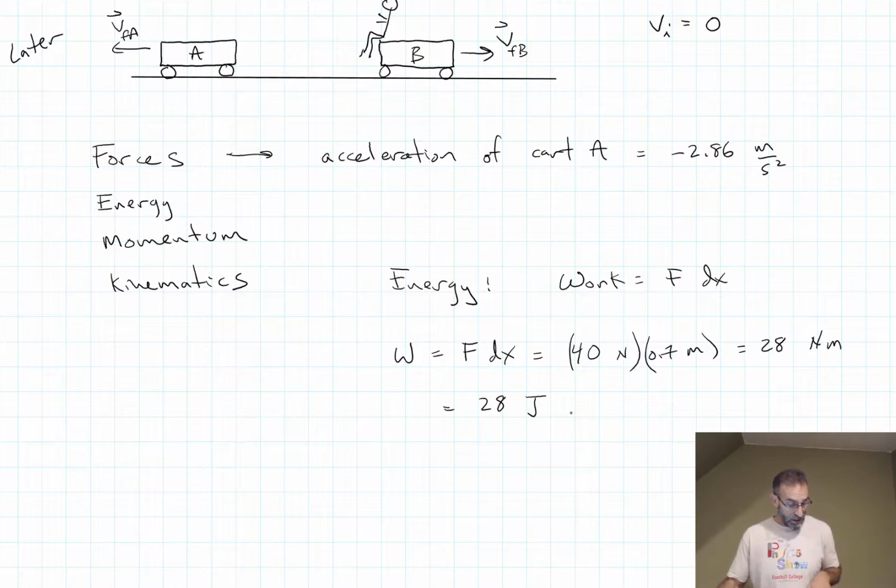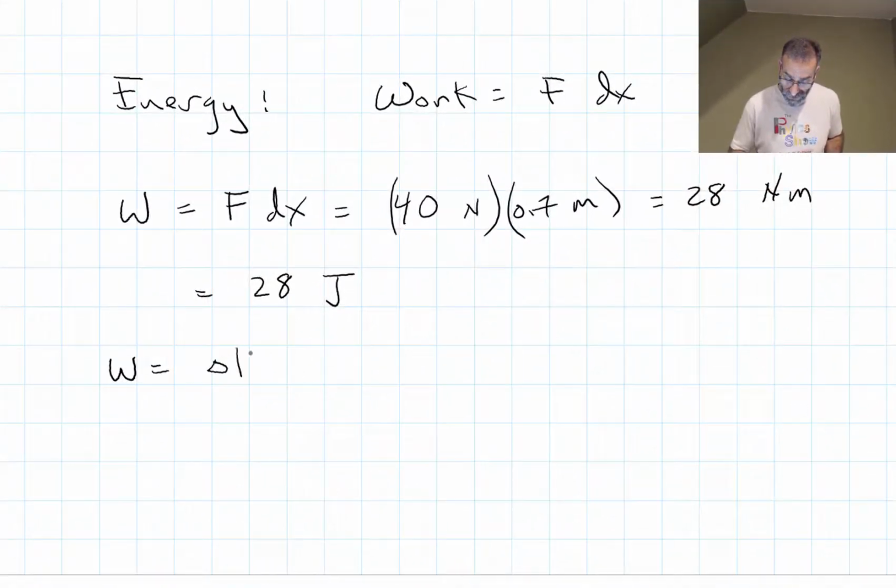Now we know something else about energy and work. They're related, right? Work tells us the change in energy, in particular, the change in kinetic energy. And we know that change in kinetic energy is always final minus initial, K final minus K initial.